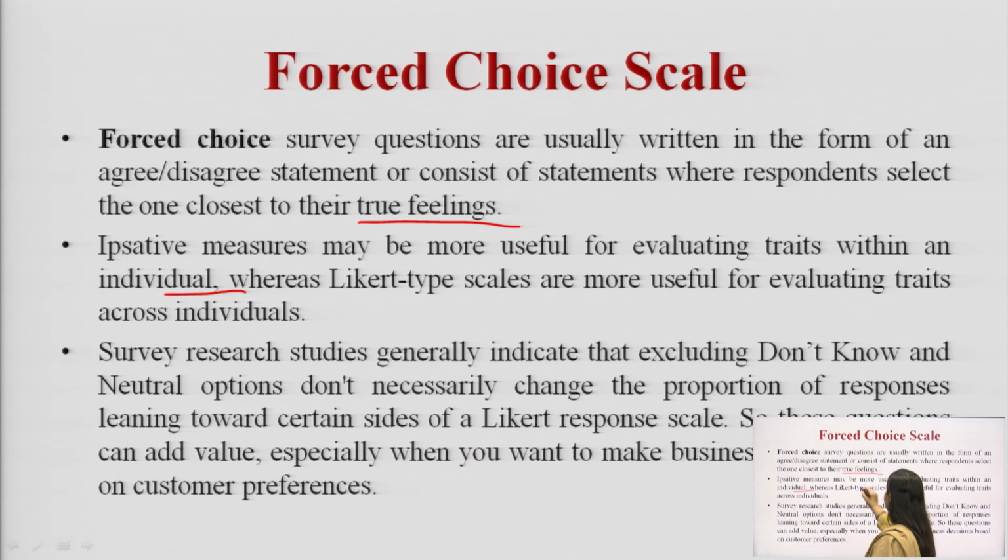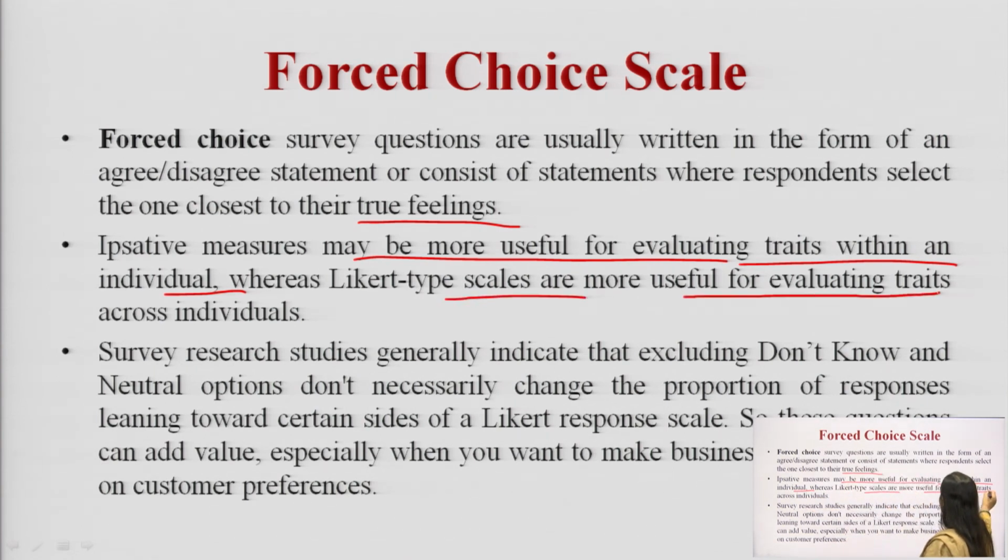The forced scale may be more useful in evaluating the trait within the individual, whereas the Likert type of scale is more useful in evaluating the trait across individuals. It means you will get the common trait across individuals, but in this you will be evaluating traits within the individual. So, that is the difference between the forced choice scale and the Likert type of scale.